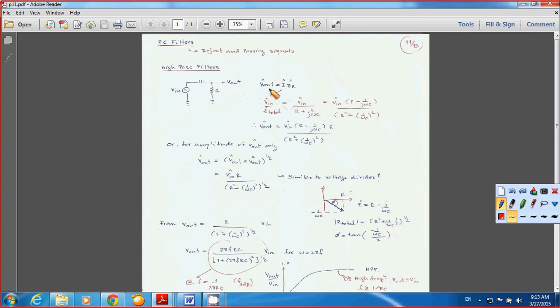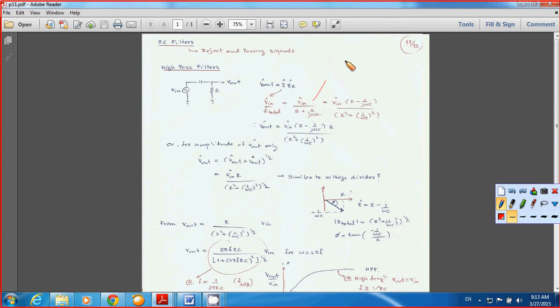Let's take a look at the Vout. Vout is simply applying Ohm's law. You have I multiplied by the impedance of the resistor. Actually, it becomes resistive, having only the real part. Your current simply becomes Vin over the total impedance, so it becomes R plus 1 over J omega C. And then you rearrange the term.